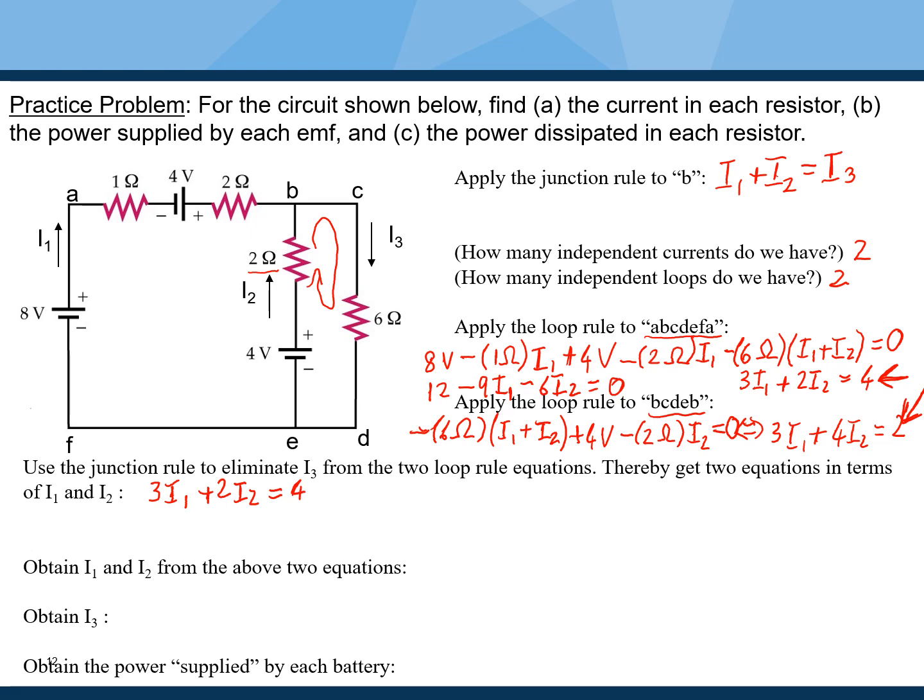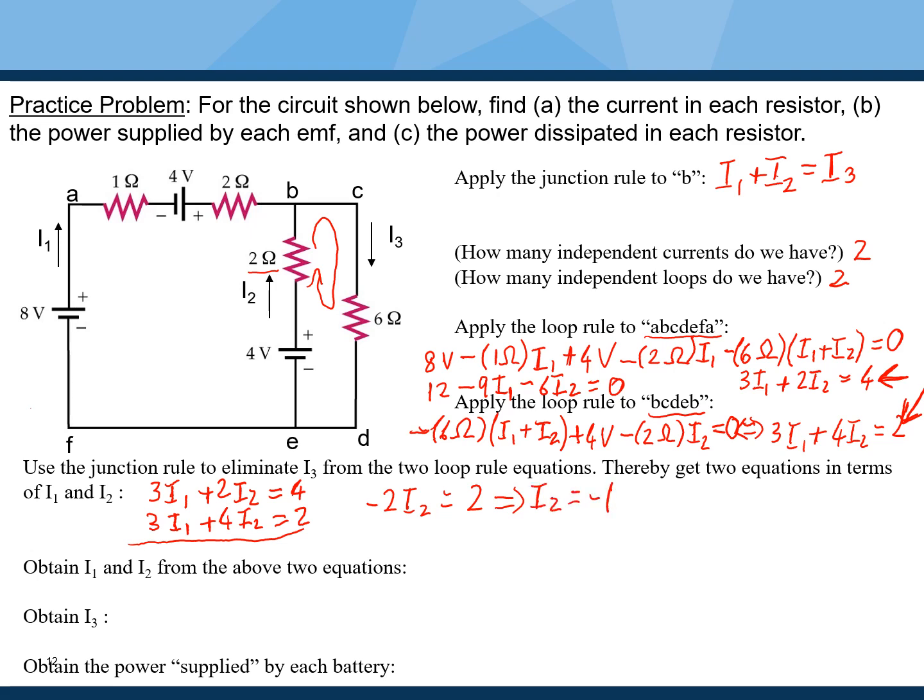And from the second equation, we have 3I1 plus 4I2 is equal to 2. If I subtract the lower equation from the upper equation, I get minus 2I2 is equal to 2, or equivalently, I2 is equal to minus 1.